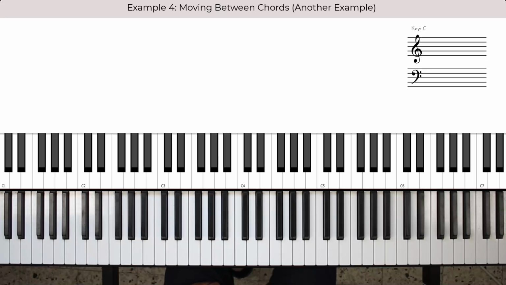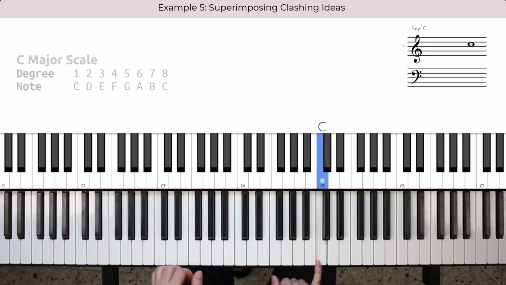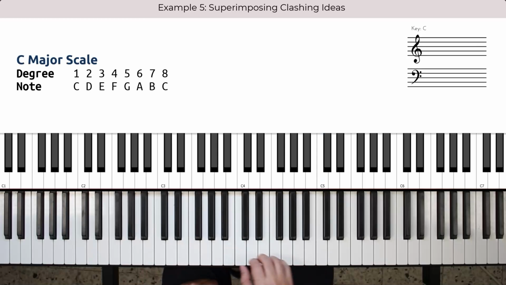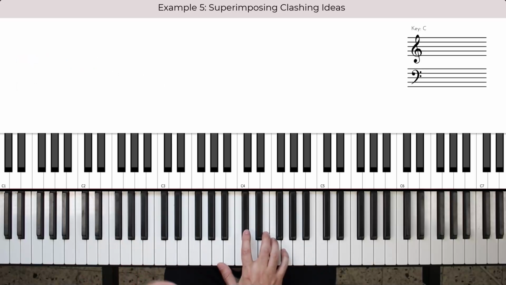Let's have another example. Say we're in the C major scale, and we're playing a 6-2-5-1 progression. Basically, we're playing the 6th, 2nd, 5th, and 1st degrees of the C major scale, and this is a very, again, palatable chord progression. It even has a classical feel to it.